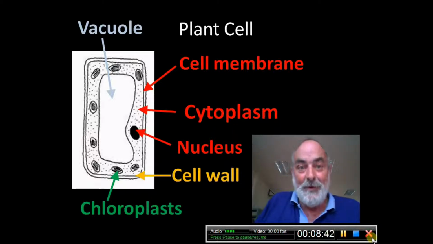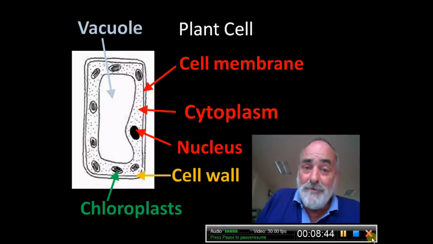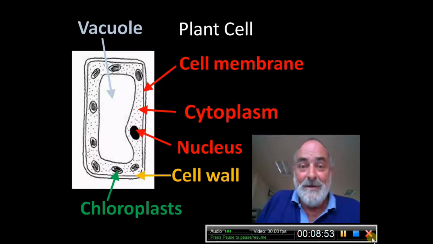It happens in the chloroplast. And there are hundreds and hundreds, we shall see in a moment, in every living green plant cell. And that's what makes leaves green.